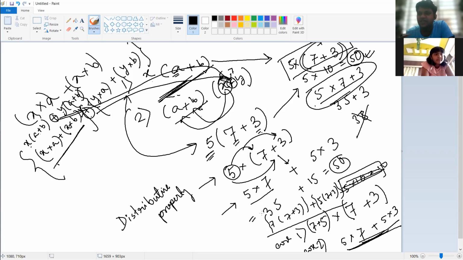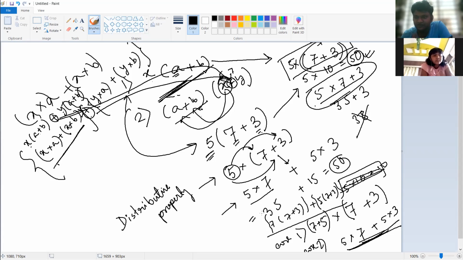AX plus AY plus AB plus AC plus AD, whatever it is. Got it? And I can do one more thing also. Suppose I give you a plus b into x plus y, in the bracket, and I give you the numbers: a is 2, b is 3, x is 7, y is 5.